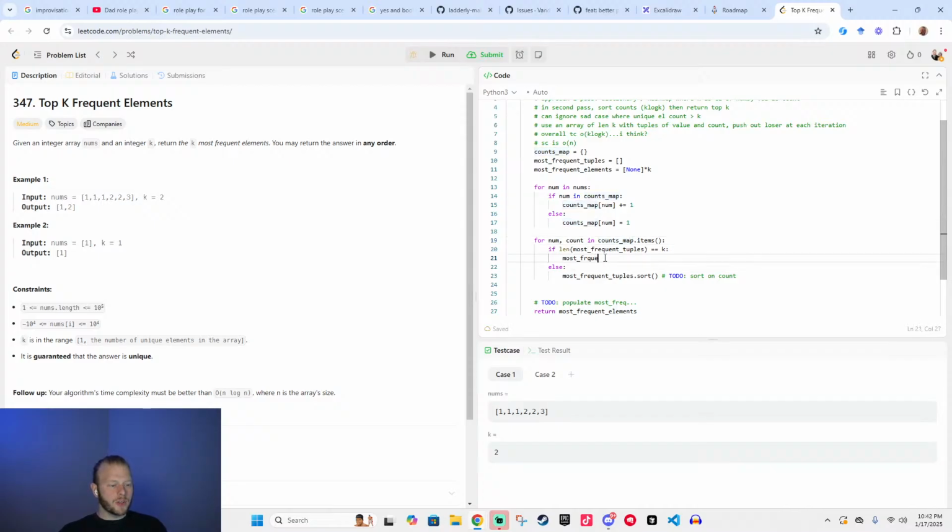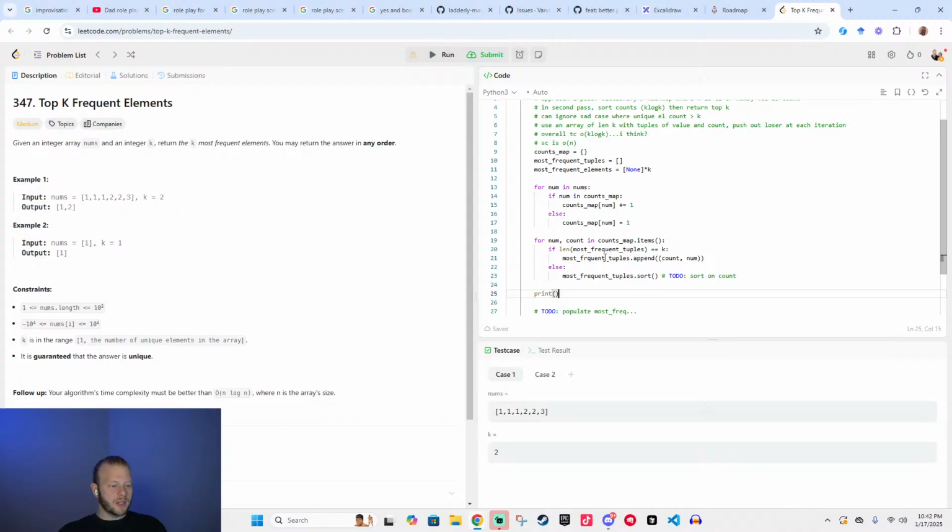So most frequent tuples dot append. I think that's the JavaScript term. No, that should work, I think. So we'll add this new tuple, which is going to be the number and its count. I think if I go count first, then it will sort automatically. And I don't need to have some more advanced sort syntax if I'm not mistaken. I think when you sort on tuples, it'll try to pull the first element out of the tuple if I'm not mistaken.